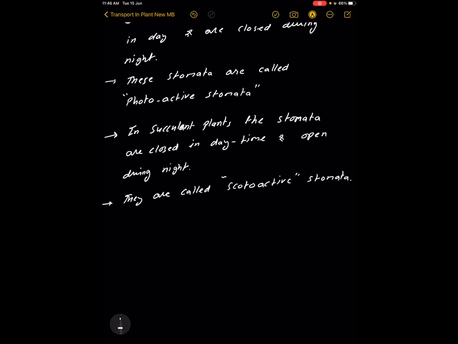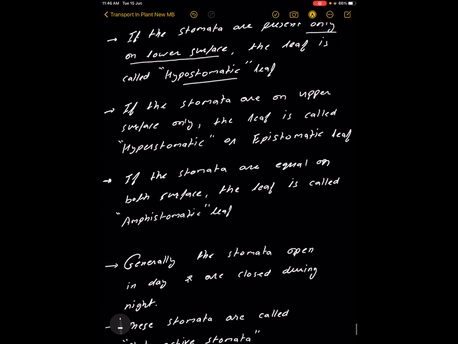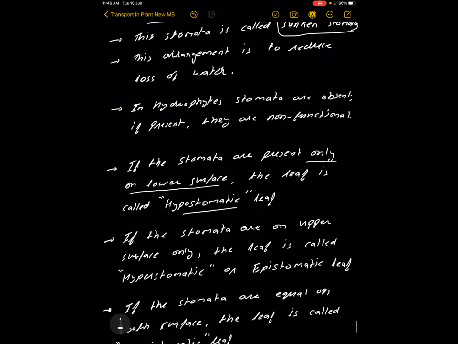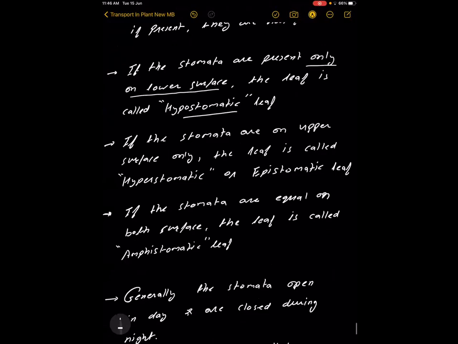Sir, once can scroll up. Fine. Yes. From where? From which point? Yes, sir. This Here one. only. Oh, okay. Now the mechanism of opening and closing of stomata during daytime.